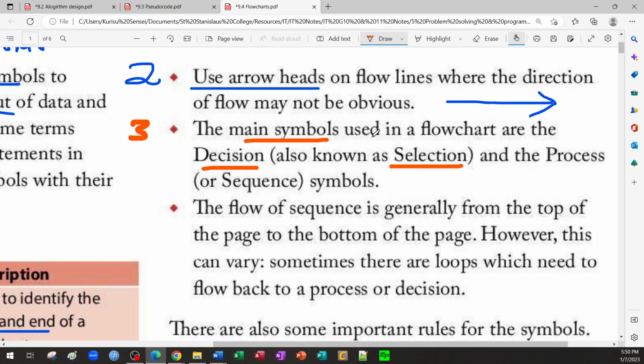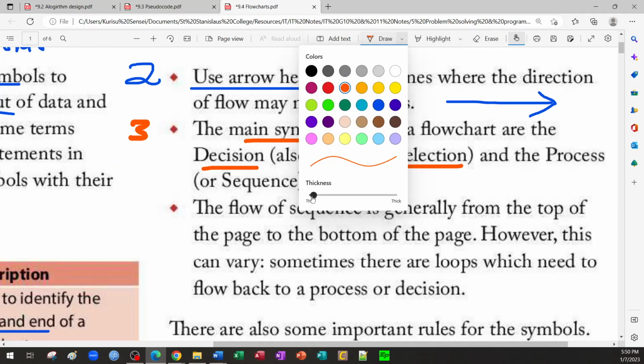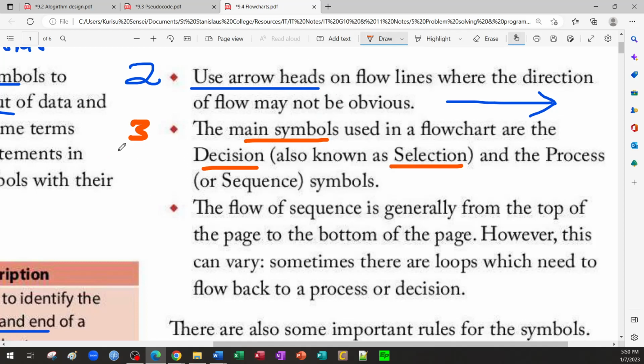So decision, selection, condition, question. They are all referring to the same thing.